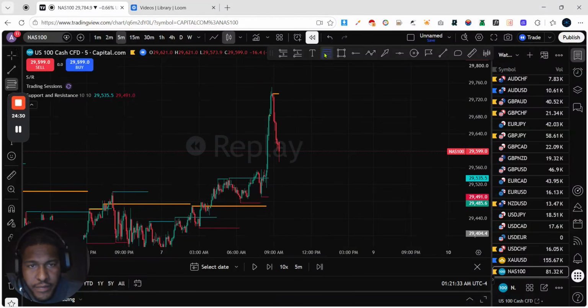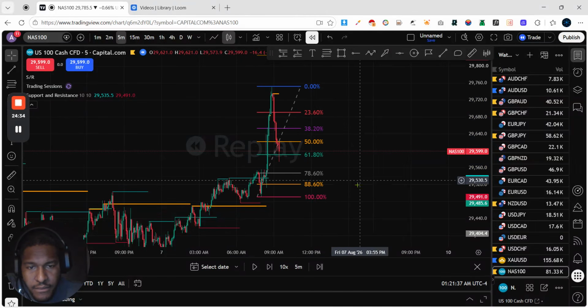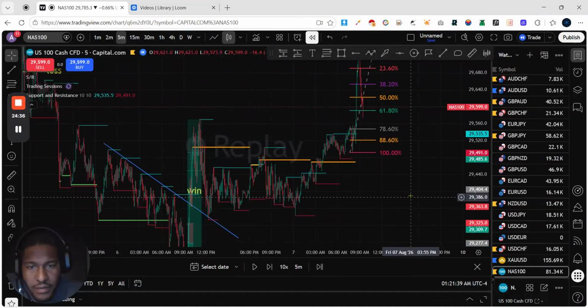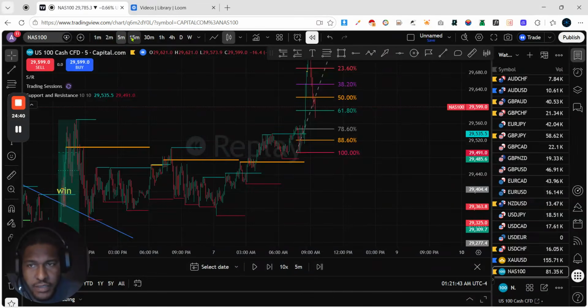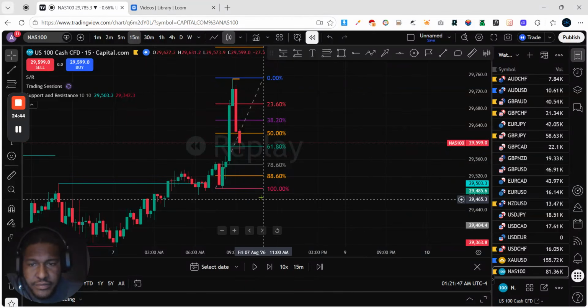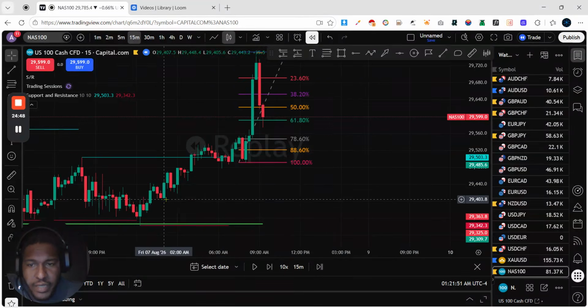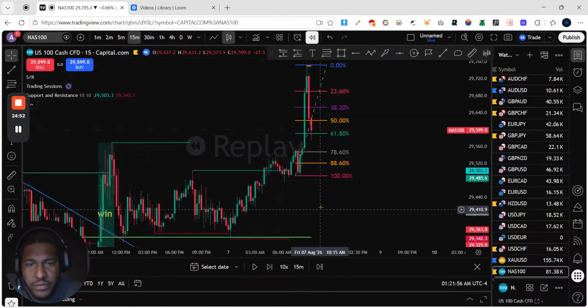So we're getting a pullback here. Let me look at this on a 15-minute. Right. So on a 15-minute, a little clearer. Okay, we never got a pullback here.